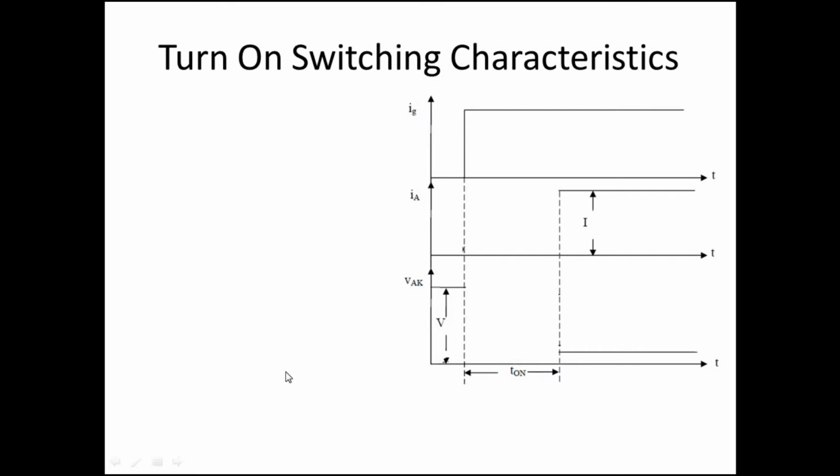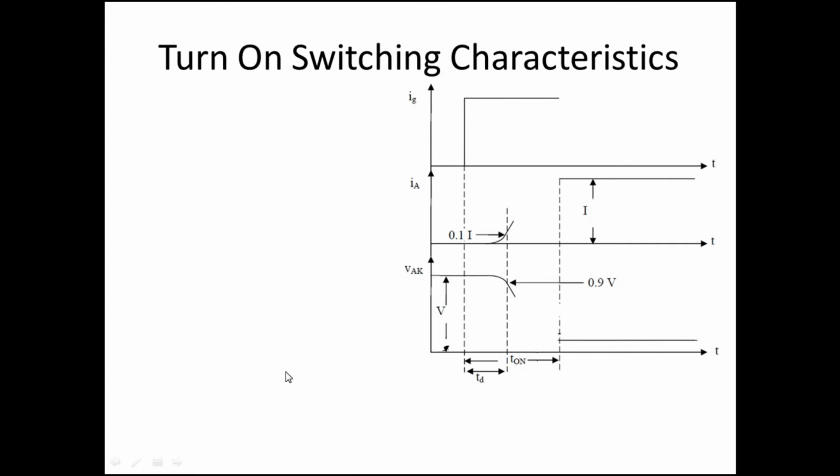During the initial period, up to this time, there is not much increase in the current. The current has to increase from 0 to this point. During this time there is not much current, and of course the voltage will also have only a small fall.